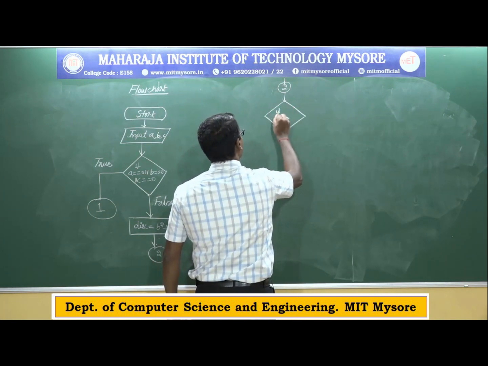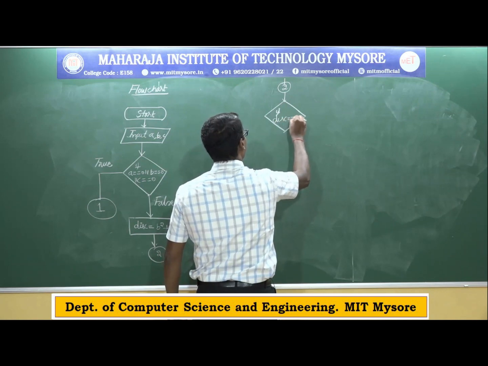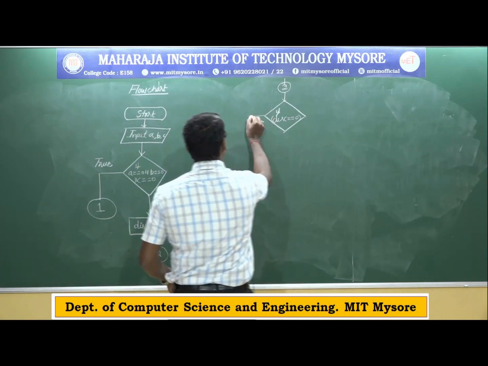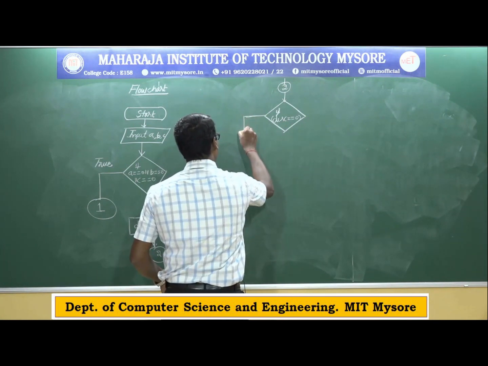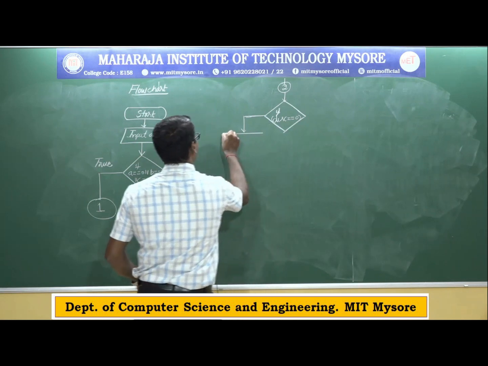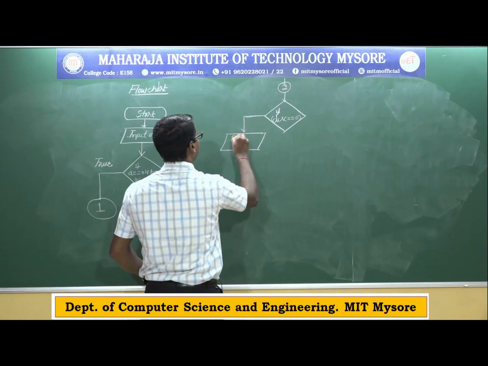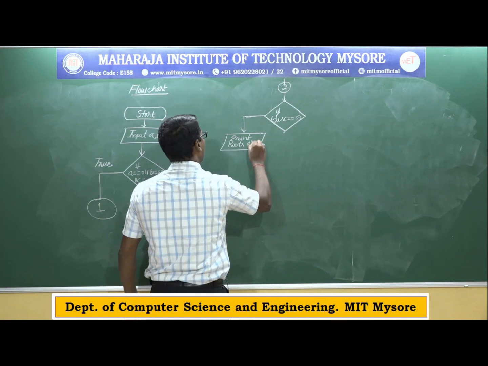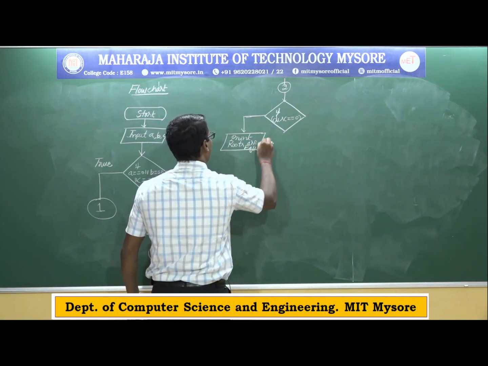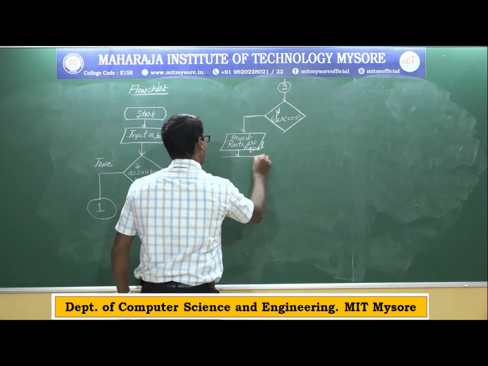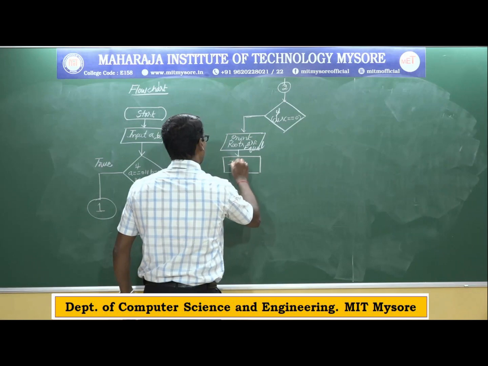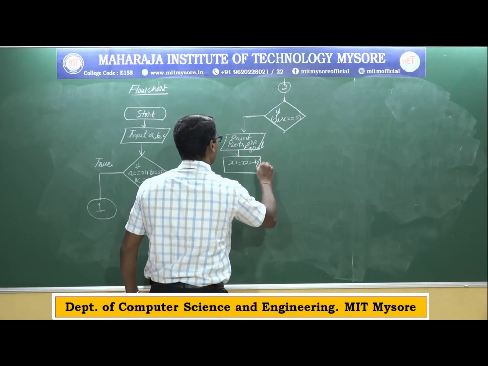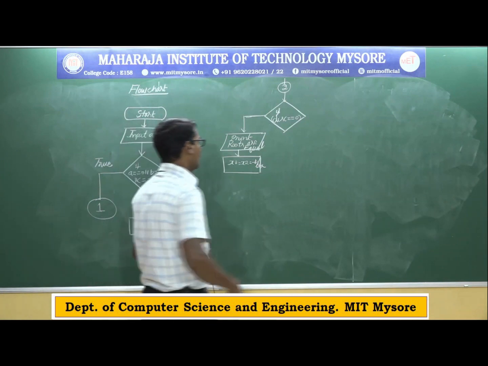If DISC is equal to 0, if the condition is true, then here I will print roots are equal, then x1 is equal to x2 is equal to minus b divided by 2a.